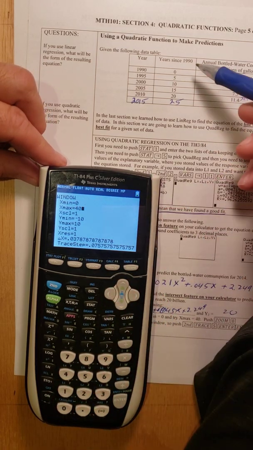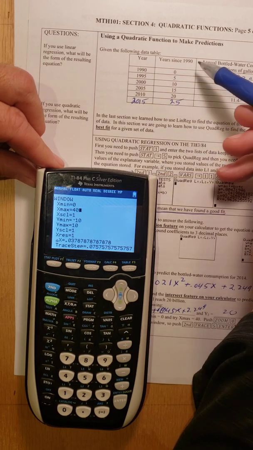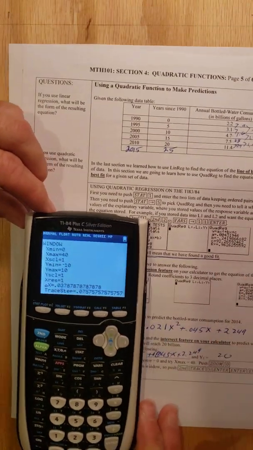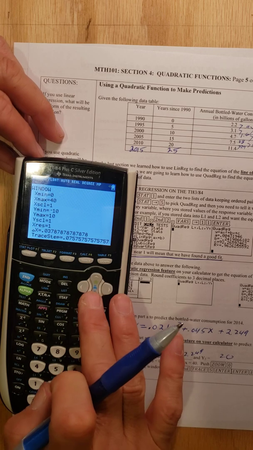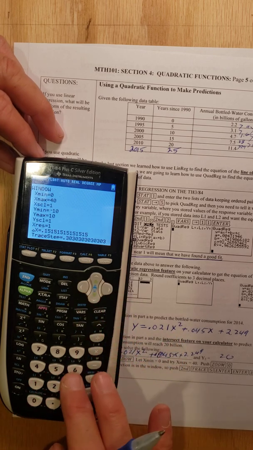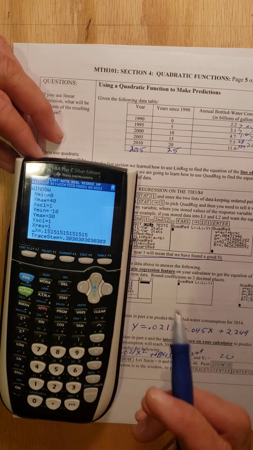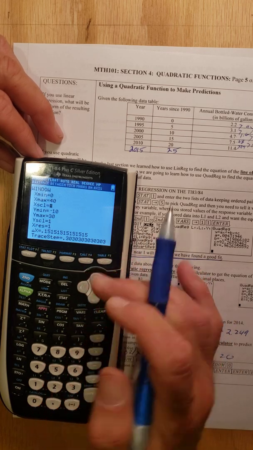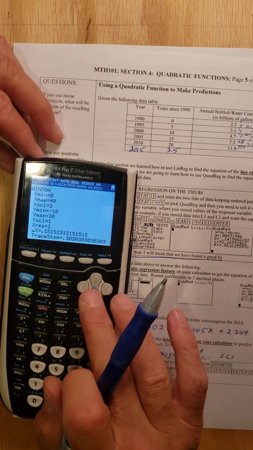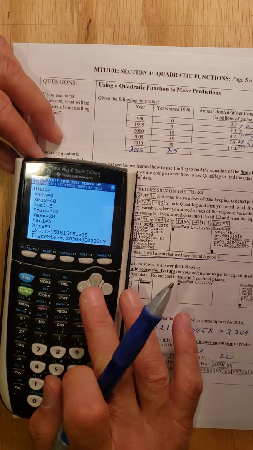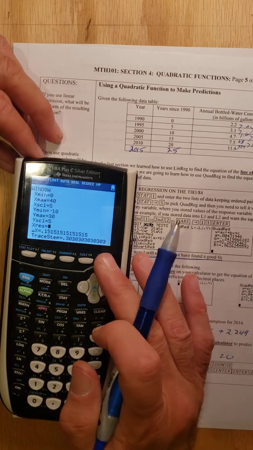That'll take me out to the year 2030 if I add 40 to that. I want to go up to at least 20 billion, so I'm going to make Y maximum 30. And I should change my scales too. If I'm going from 0 to 40, probably 5 is a good scale for both of these. Now I'm just going to hit graph.